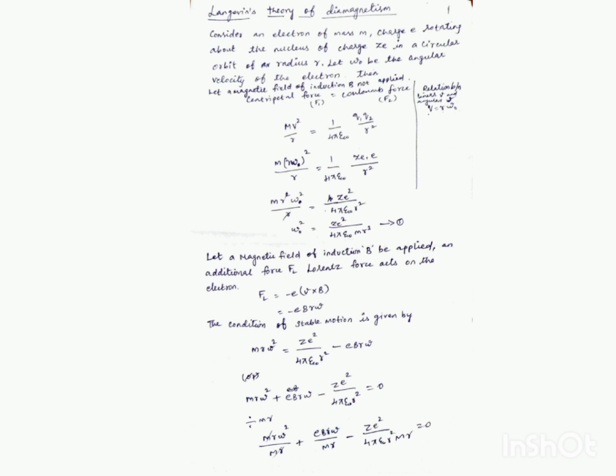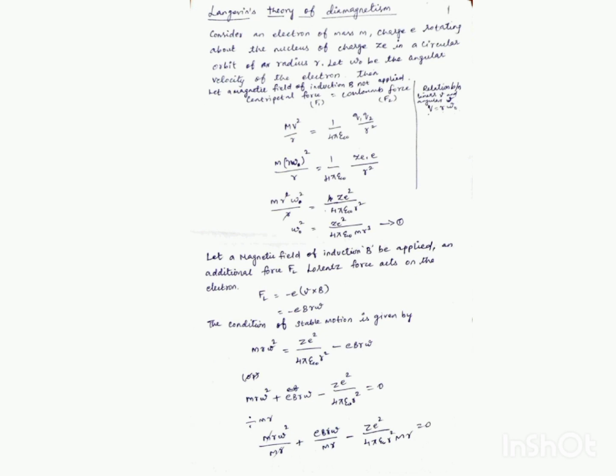At that time, two forces act on it, and both are equal: the centrifugal force and the Coulomb force. The formula for centrifugal force is mv squared by r, and the Coulomb force is 1 by 4 pi epsilon naught times q1 q2 upon r squared.